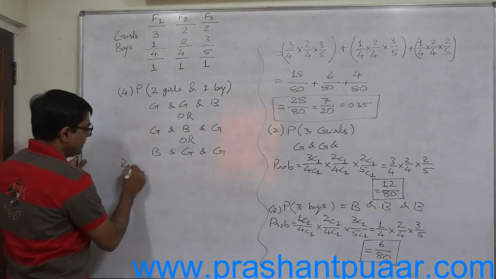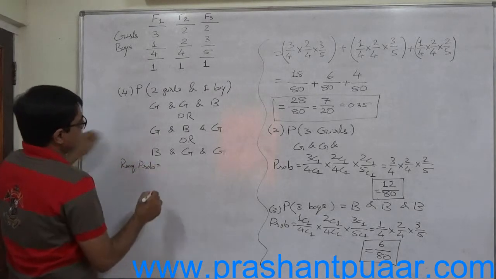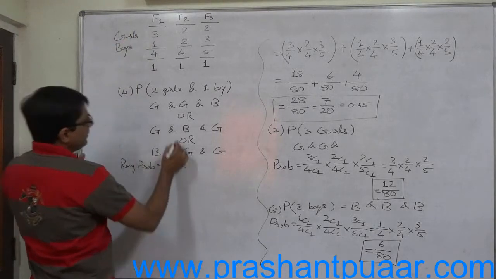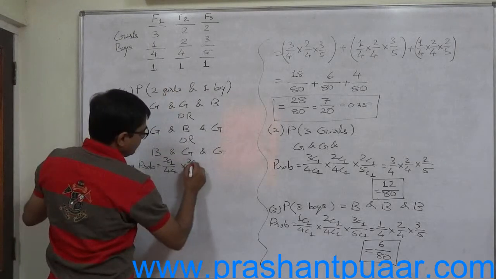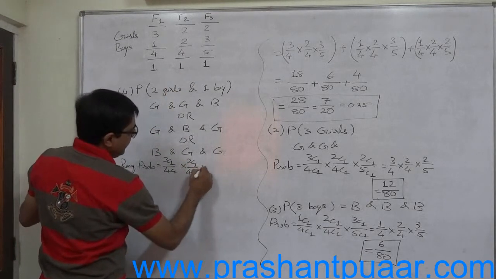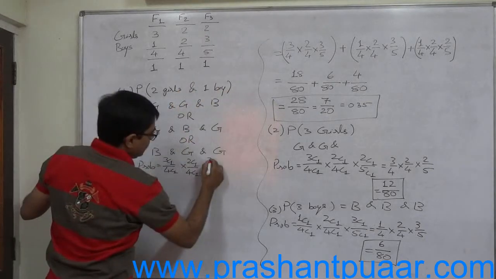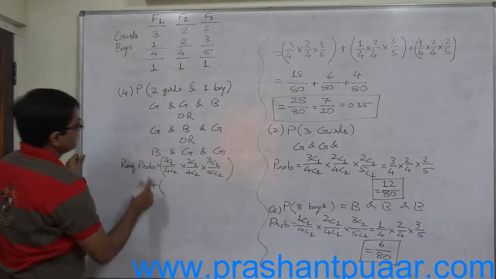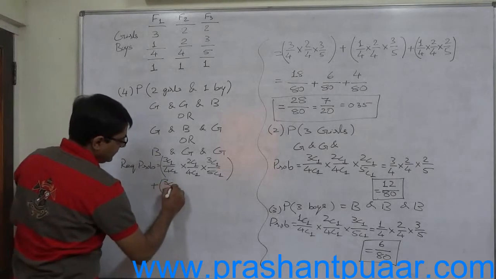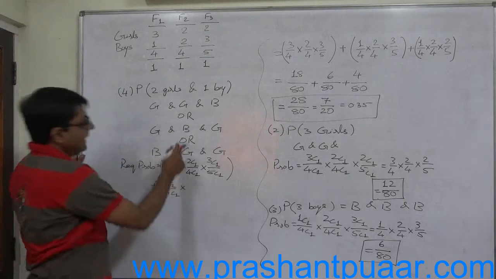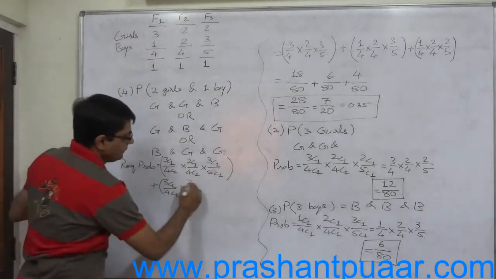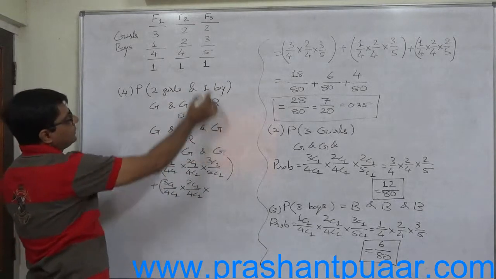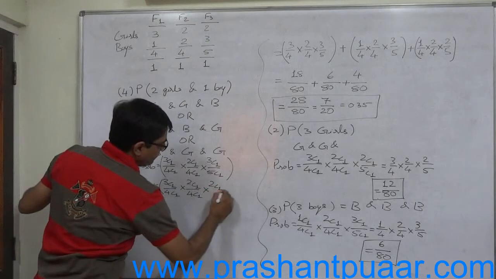The required probability will be girl from first means 3C1 divided by 4C1 and girl from the second means 2C1 divided by 4C1 and boy from the third means 3C1 divided by 5C1, or means addition, girl from the first family again 3C1 upon 4C1 and boy from the second family 2C1 upon 4C1 and girl from the third family 2C1 upon 5C1.